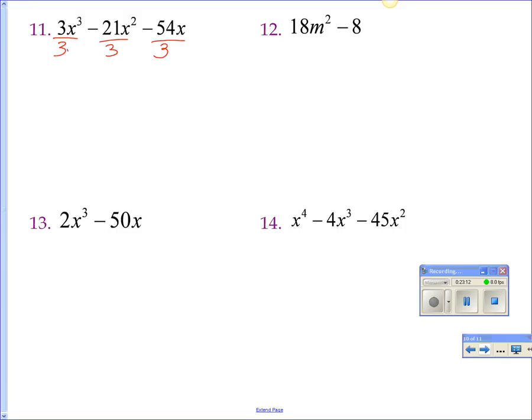X. They all have an X on this one. Okay. All right, guys. 3 divided by 3. We know that. That's 1. Subtract your little numbers. What's 21 divided by 3? 7. X.